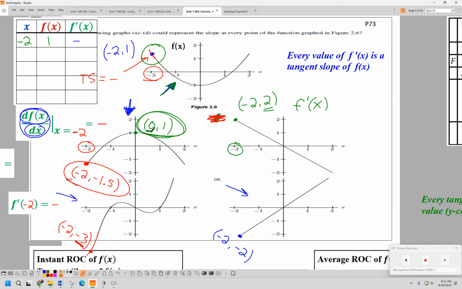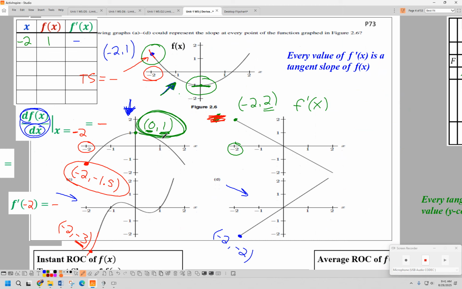So whatever x I speak of here, I'm speaking of the same x here. So if I'm talking about x equals 0 here, I've got to go up here to x equals 0, which would be this spot right there. Okay, so like at 0, then the slope's positive. Perfect. This says at x equals 0, on the f graph, the slope of the line tangent at that point needs to be a positive 1. That's what this is saying.